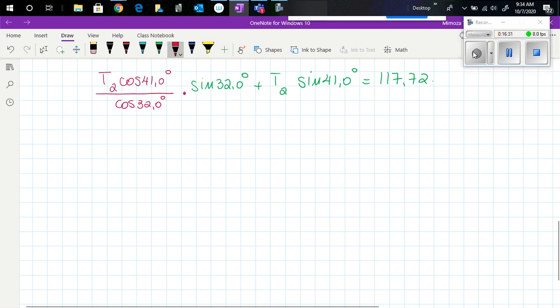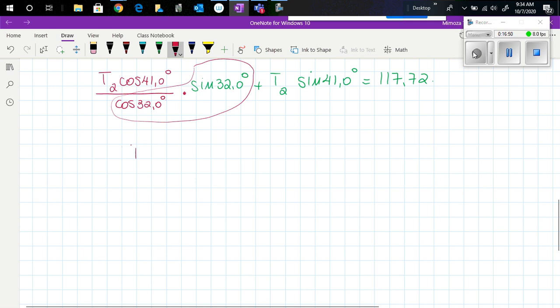Okay, so now just to simplify it a bit. As you see here, what we have is sine 32 over cosine 32. So sine over cosine is tangent, but if you cannot see this, still it's fine.